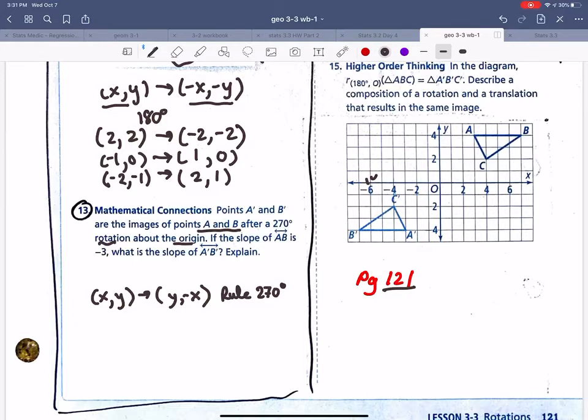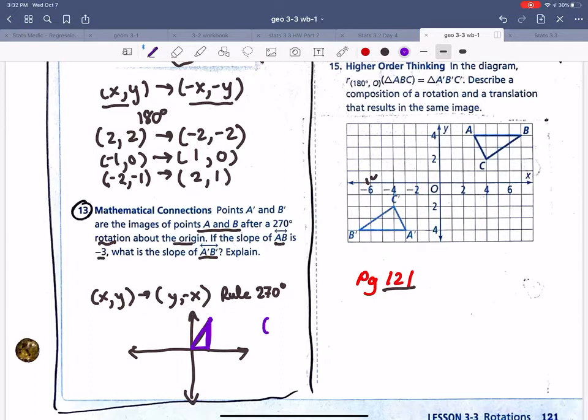So now it says if the slope of AB is negative 3, what is the slope of A prime B prime? Okay, so let's just use our example in class. We used this triangle that is 2, 5.